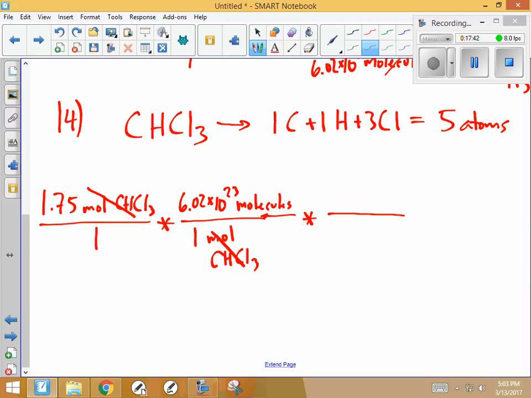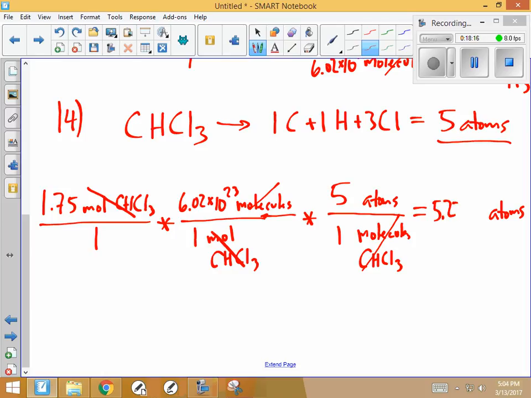Now we need a conversion factor that has molecules on bottom and atoms on top. We have it right here. 5 atoms for every 1 molecule of CHCl3. Molecules cancels, and we're left with units of atoms. And all we have to do is multiply 1.75 times 6.02 times 10 to the 23rd times 5, and we're going to get 5.27 times 10 to the 24th atoms.